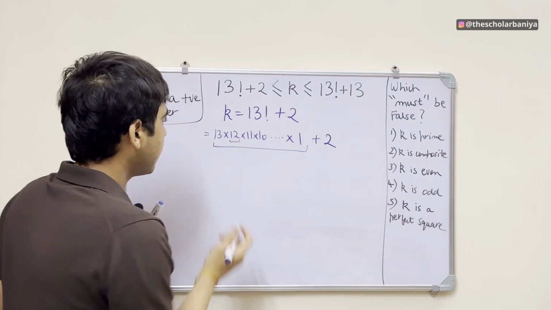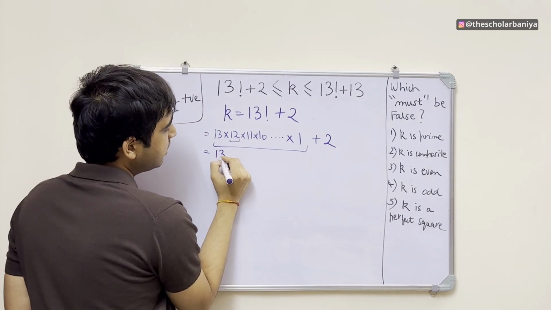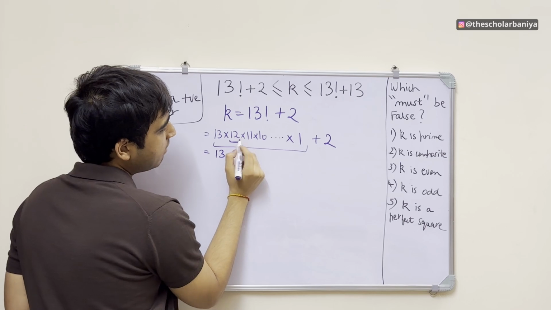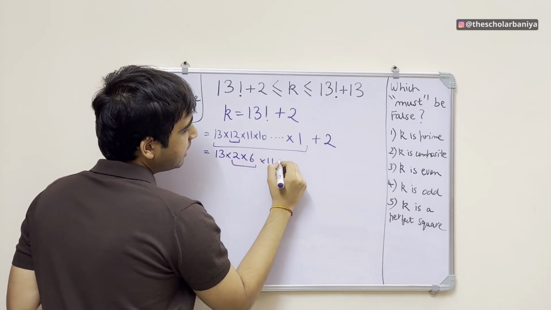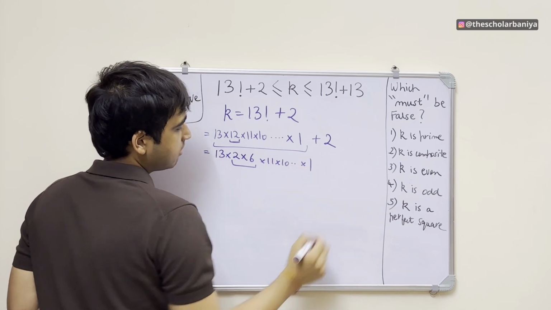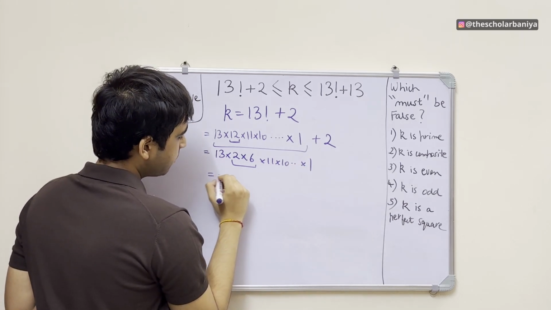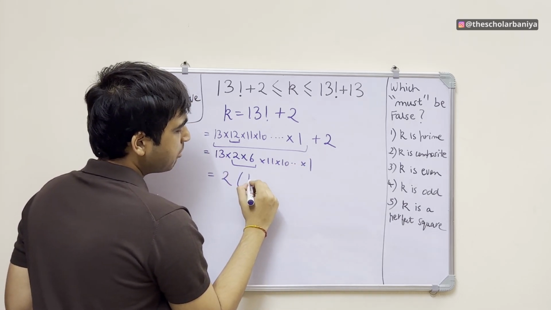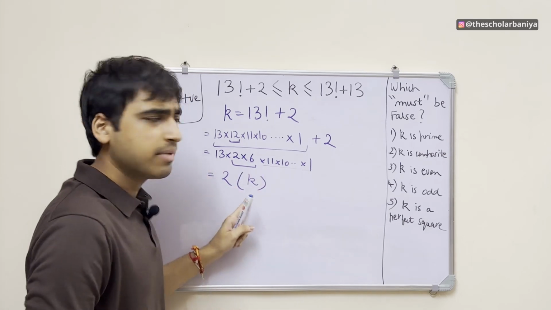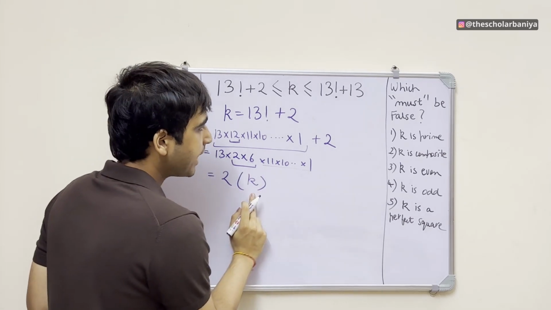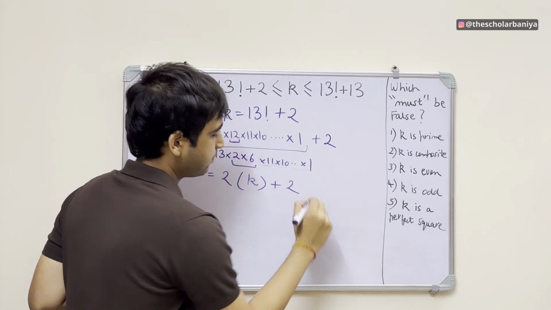Yes, definitely we can, because for example, I can write 12 as 2 into 6, into 11 into 10 into 1. So I can take 2 common from here. I will get some number k, 13 into 6 into this. So I'm writing it as k, so 2 into k, and this is plus 2.